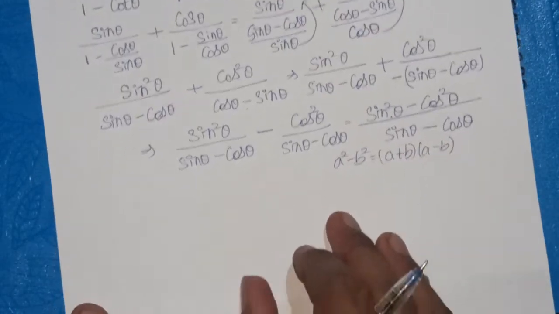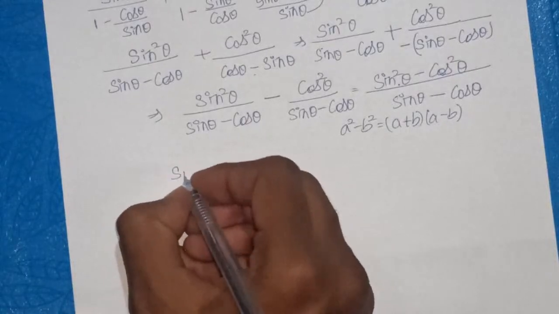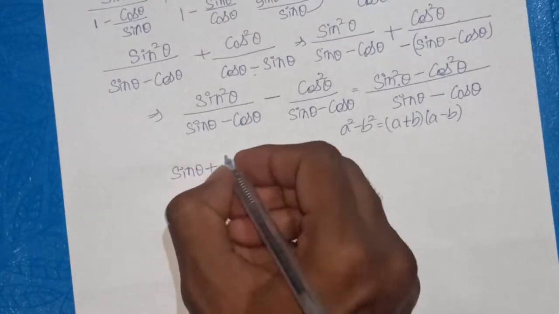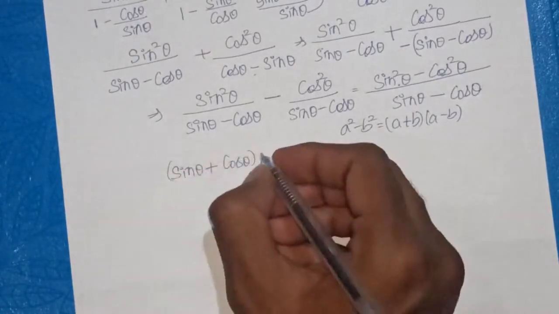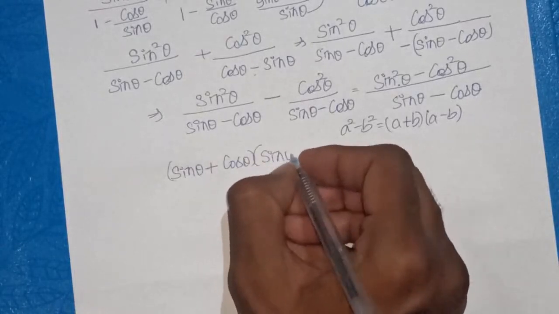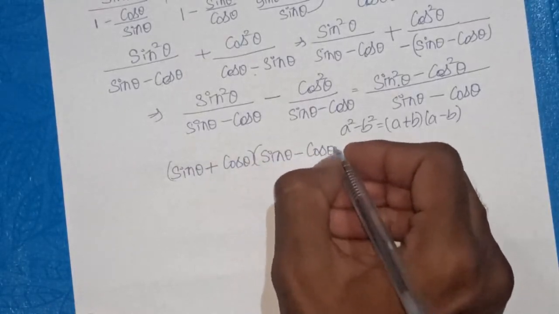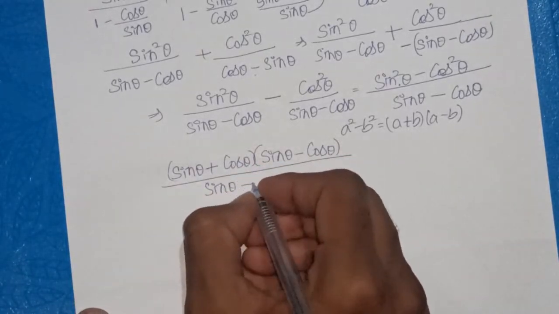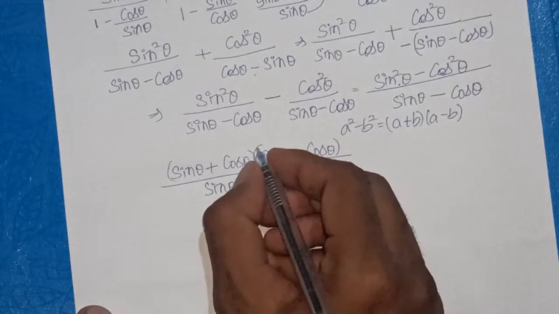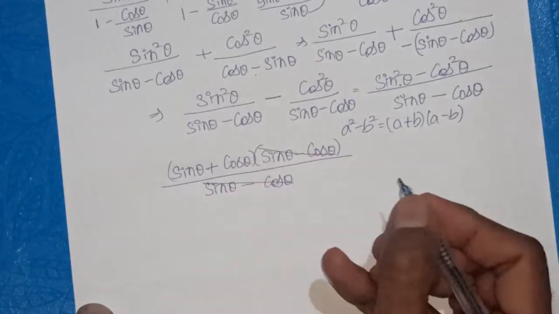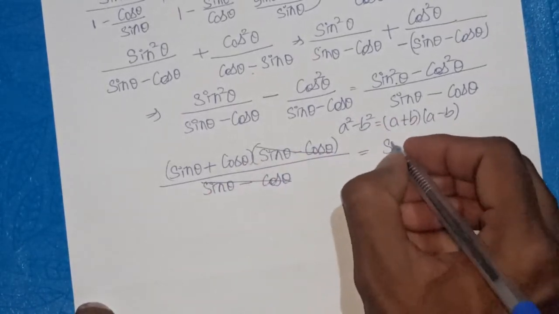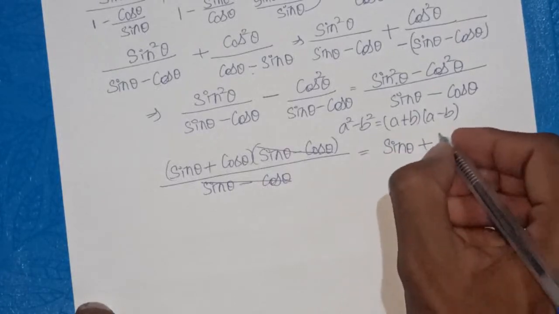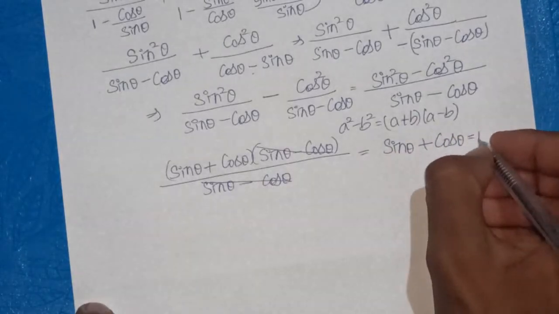That is sin theta plus cos theta into sin theta minus cos theta divided by sin theta minus cos theta. Sin theta minus cos theta, sin theta minus cos theta can be cancelled out. We are left only with sin theta plus cos theta, which is our RHS.